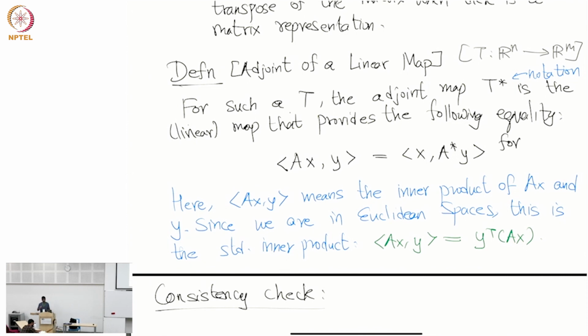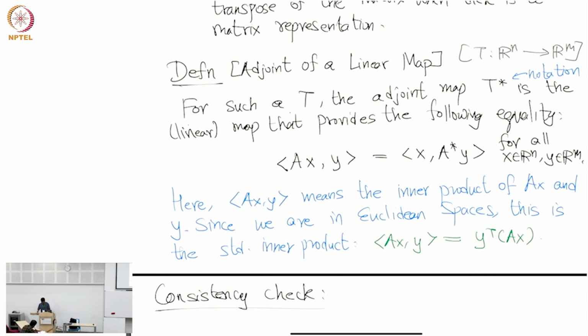This equality is not for a specific choice of x and y, but for all x in Rn and y in Rm. That's crucial. It's not for some single choice, like a basis choice or something like that, although you could do this via basis. You'll need it for all x and y in these spaces.